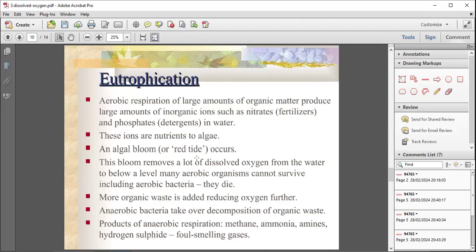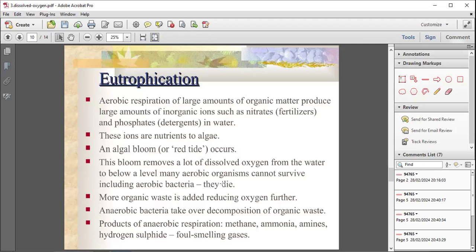Aerobic respiration of large amounts of organic matter produces large amounts of inorganic ions such as nitrates from fertilizers, phosphates and detergents in water. These ions are nutrients for algae, and an algal bloom or red tide occurs. This bloom removes a lot of dissolved oxygen from the water, to a level below which many aerobic organisms, including aerobic bacteria, cannot survive.